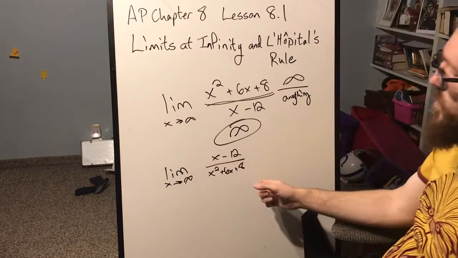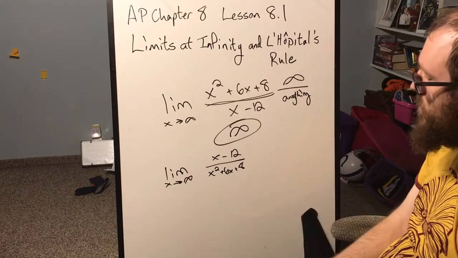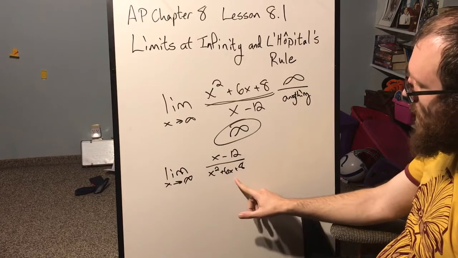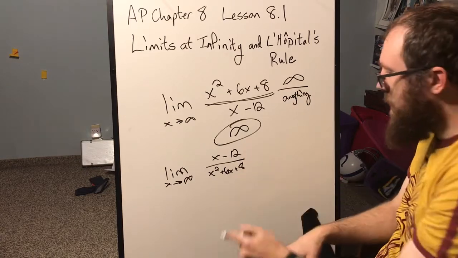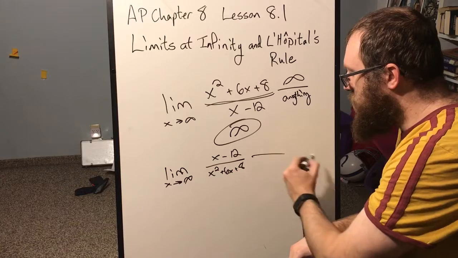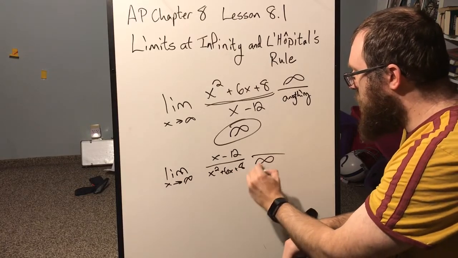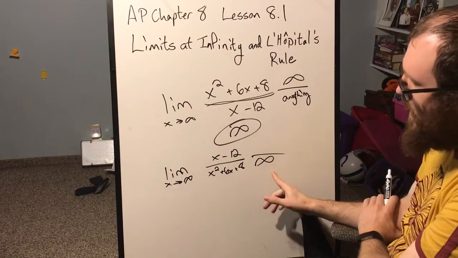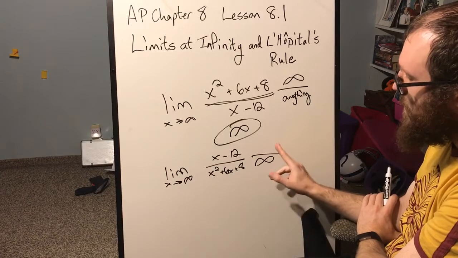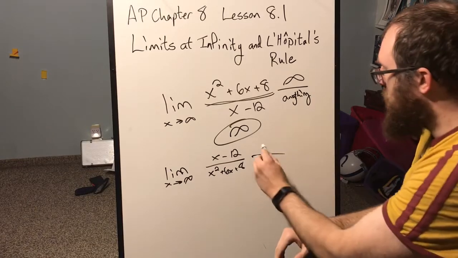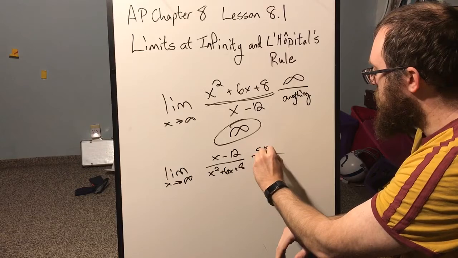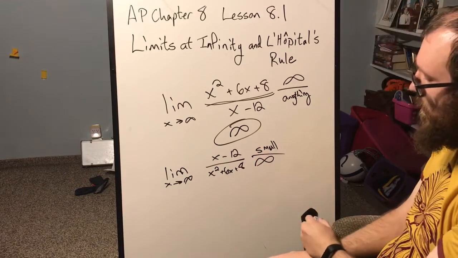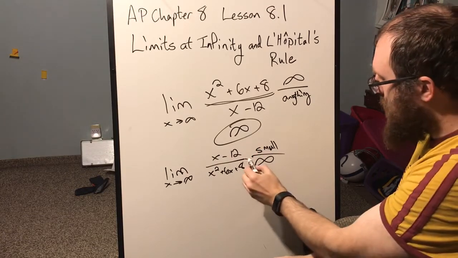Now the bottom has more power than the top. So that tells me that I have this rinky-dink tiny number on the top and this gigantic number on the bottom. I have this huge infinity down here, and then some small thing up here, right? So what ultimately is happening here?